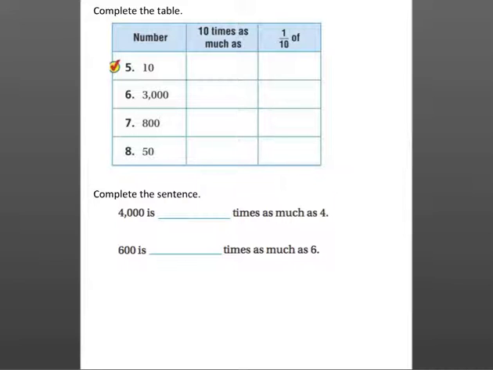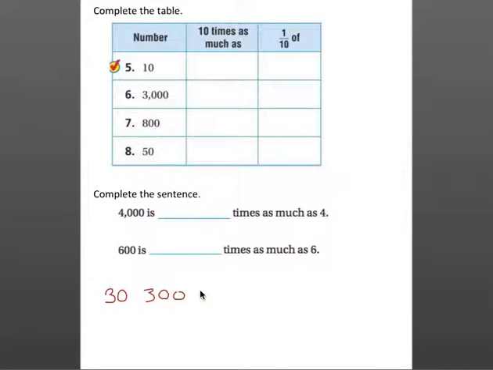And so this is what we learned about earlier in the year, that we have numbers that can be 10 times as much as other numbers and numbers that are 1/10, which means that they're 10 times less than another number. So if we're looking at the sequence of events for a number, say we have the number 30. If you were to do 10 times as much, it would be 300.